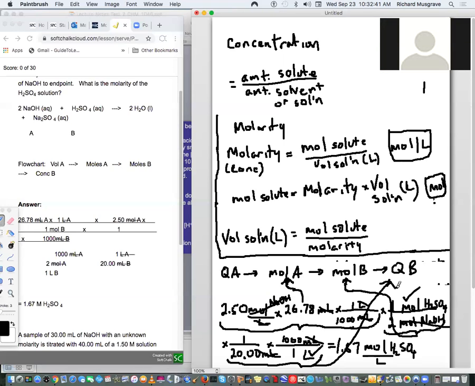Okay. So look at the first part I've got under the moles of A. It's all based on what I've got up here: molarity times volume of solution in liters. But the volume of solution is given in mils, so that's why I convert it to liters to satisfy what I have here.